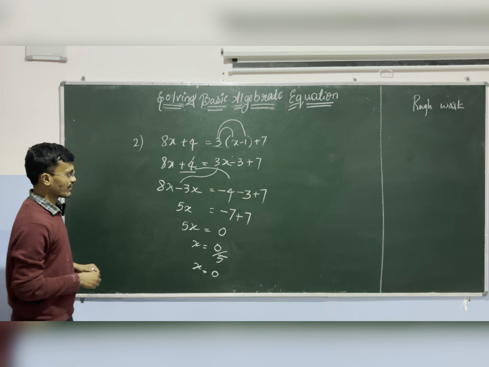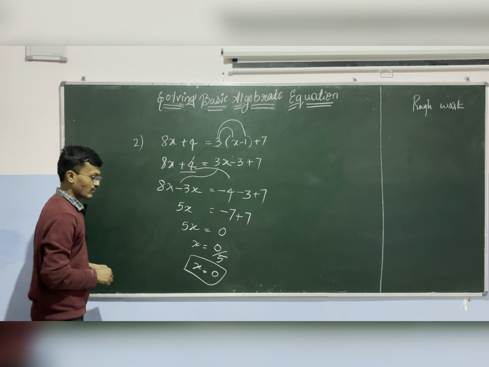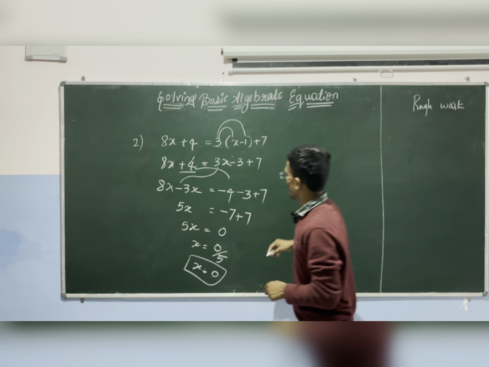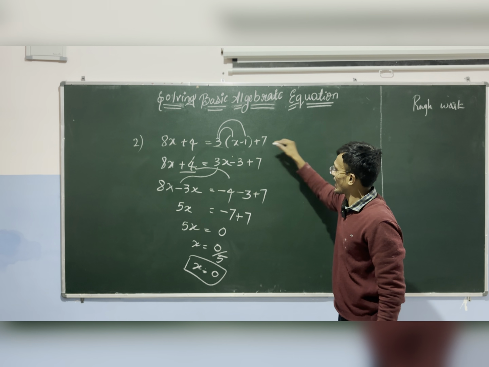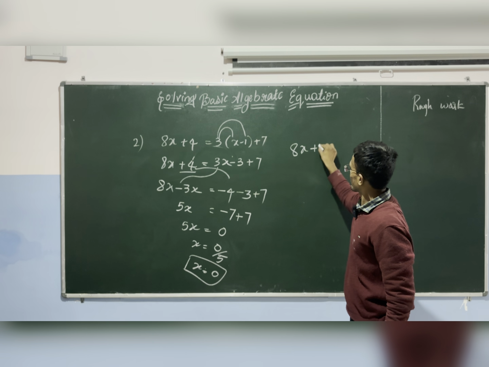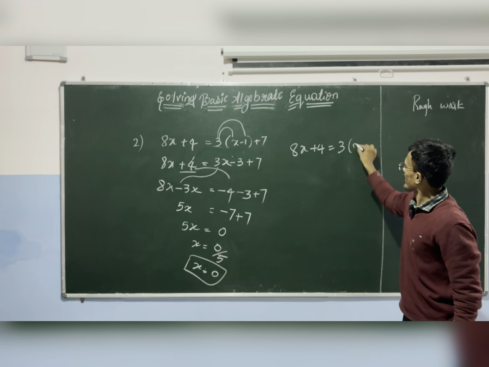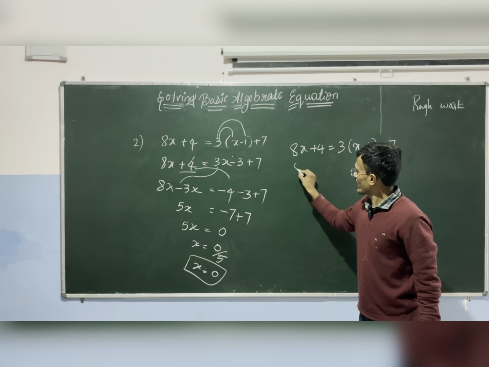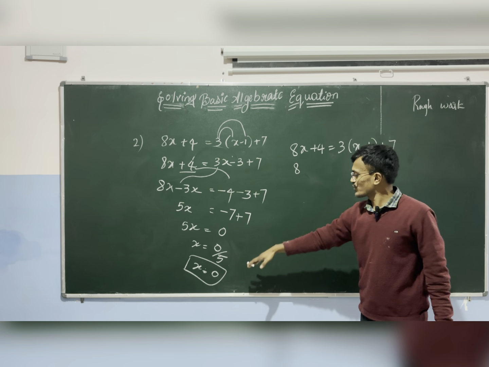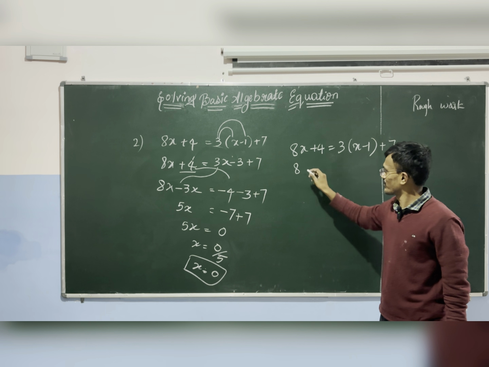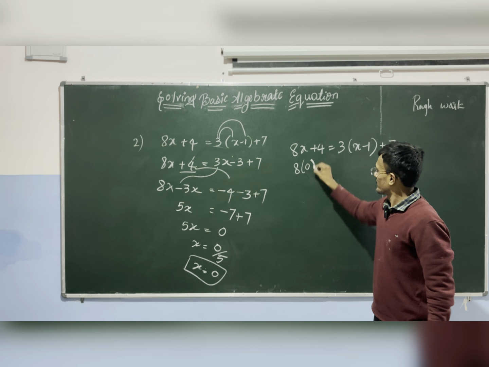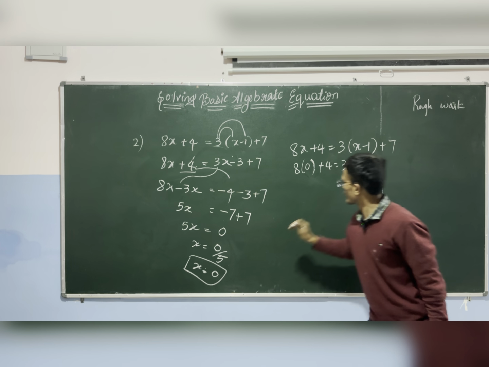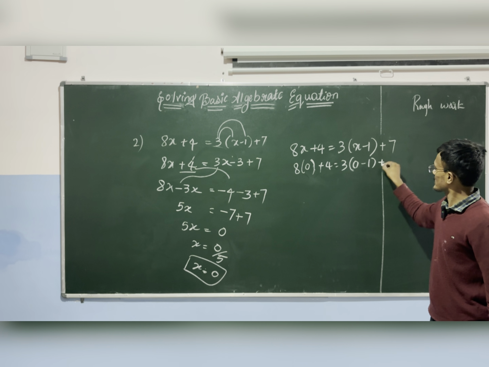So now shall we verify whether my answer is right or wrong? We already have the equation 8x plus 4 equal to 3 bracket x minus 1 plus 7.